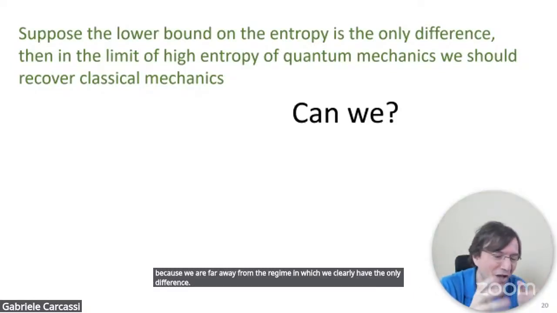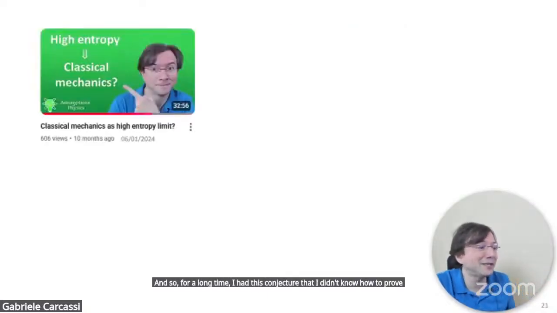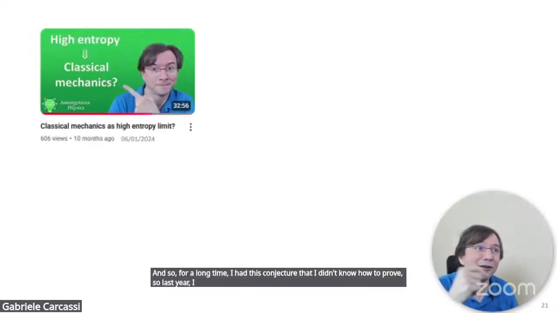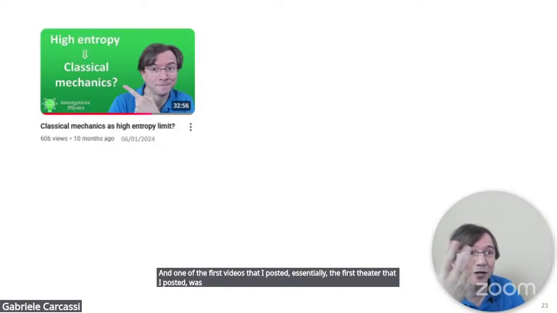And so for a long time, I had this conjecture that I didn't know how to prove. Last year, I started this channel, and the first video that I posted was this conjecture: is classical mechanics the high entropy limit of quantum mechanics?